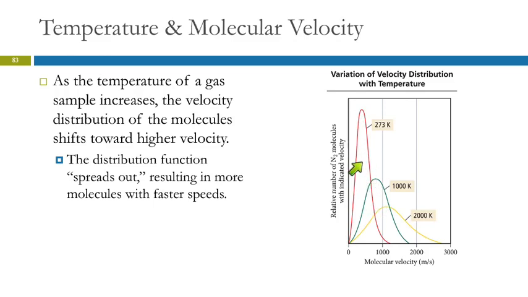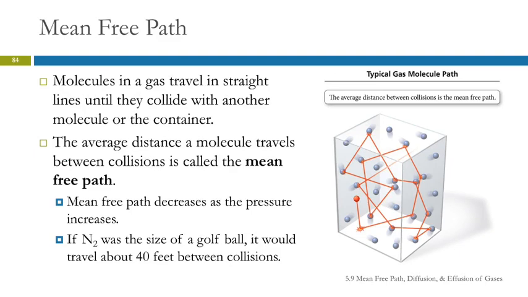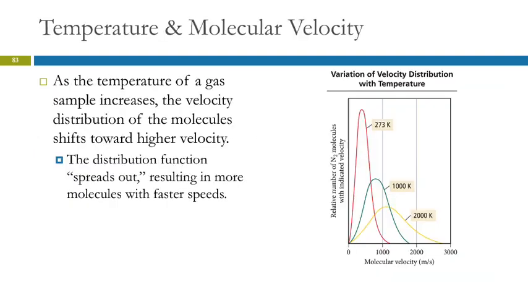But we also see that these curves spread out as you increase the temperature. When we spread these out, the effect is that we have more particles with faster speeds. So, any questions? A lot of concepts in there.